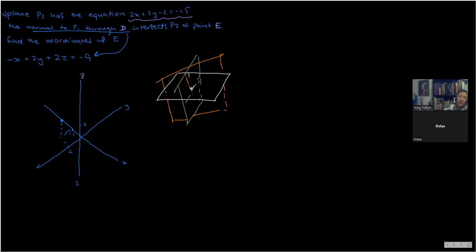Somewhere. This is E, can we call this E? So this E must satisfy these three equations. Do you agree? We just treat this as our linear system. Using the graph can help you understand what you are doing.